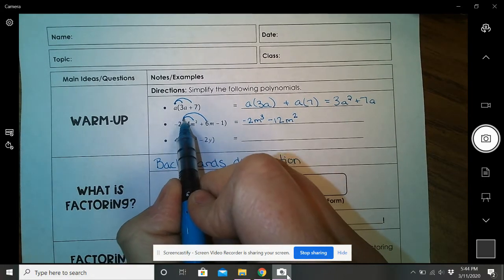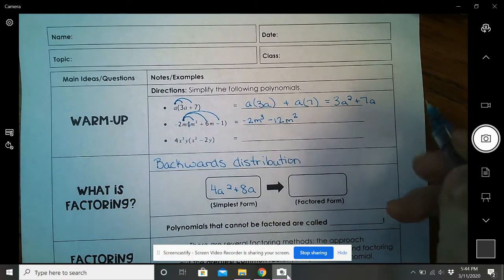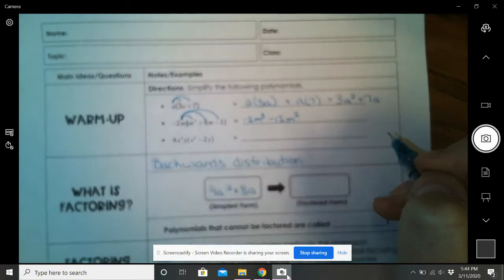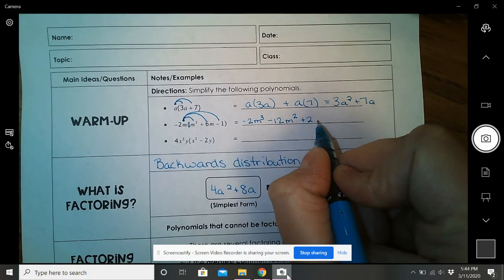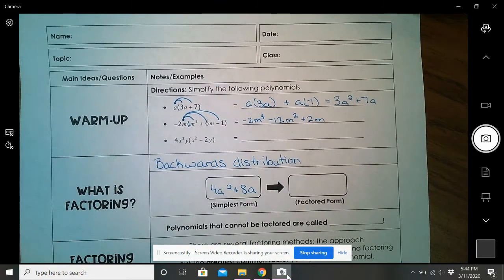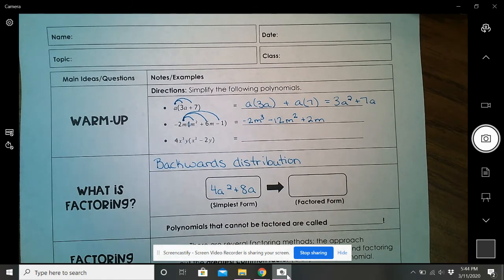And then finally, we're taking that negative 2m times a negative 1. Well, negative 2 times negative 1 is positive 2, and there's only 1 m in that last term. None of this can be multiplied back or added back together. Each of them are distinctly different terms. So that's a final product.